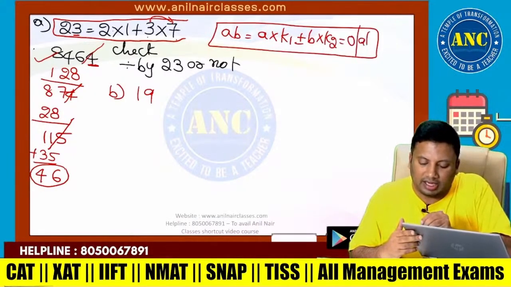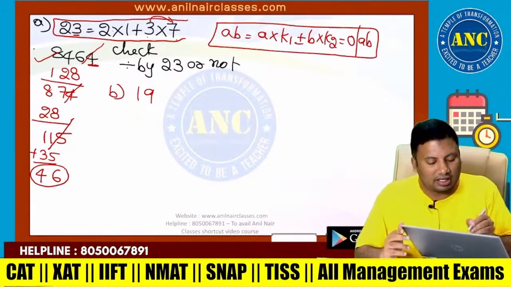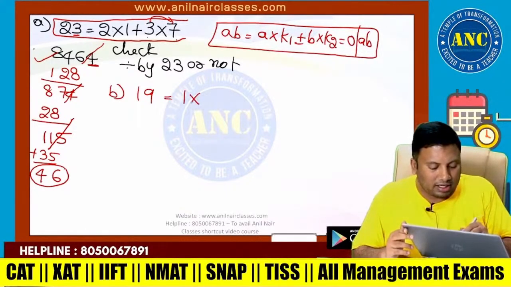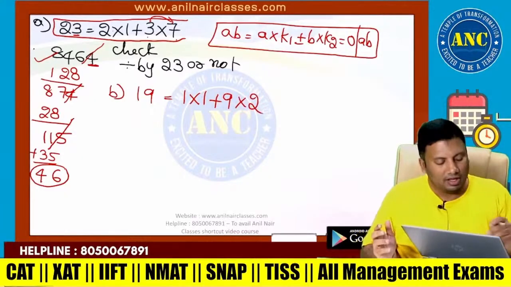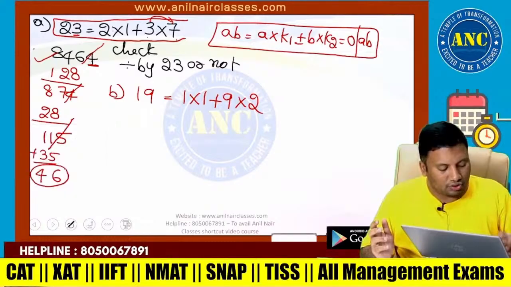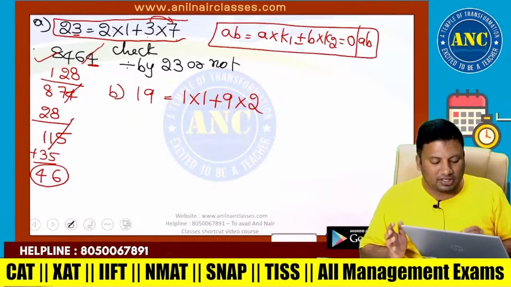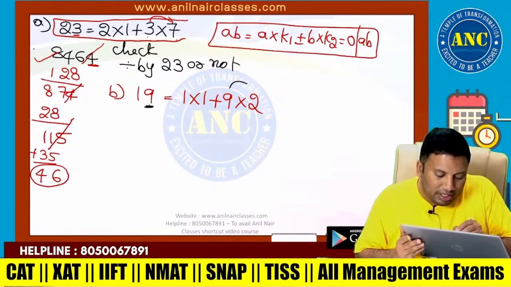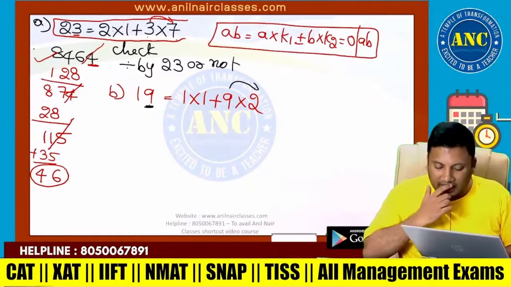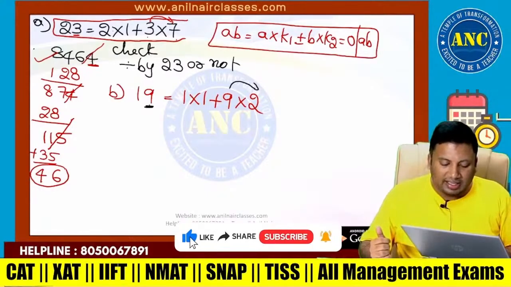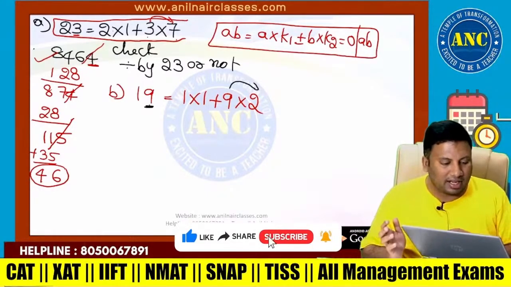It can result in either 0 or that number. So these are nothing but 1 into 1 plus 9 into 2. 9 2s are 18, 18 plus 1 is 19. I took the unit digit and multiplied it with 2.